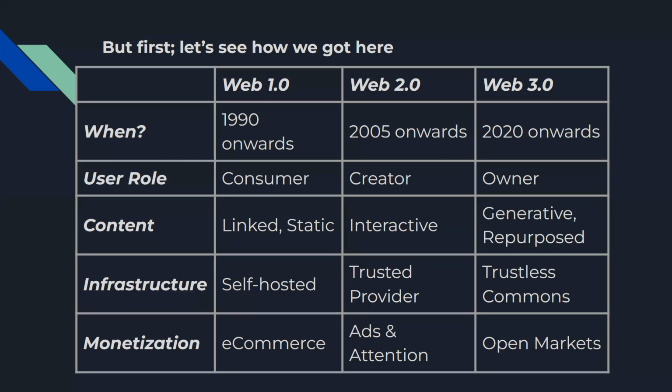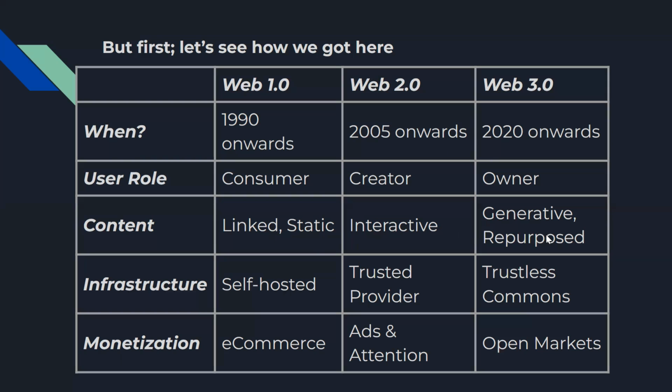So it has a unique ID to whoever is associated with a certain account. Again, like we said, consuming, the content that was there on Web 1 was only linked and static, meaning you could link from one page to another, but there was no dynamic content. Web 2.0, like with social media, you're constantly interacting.